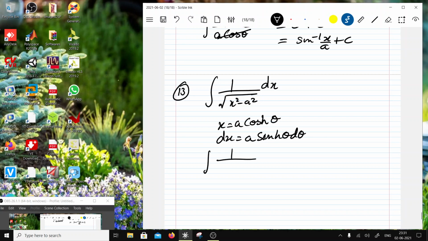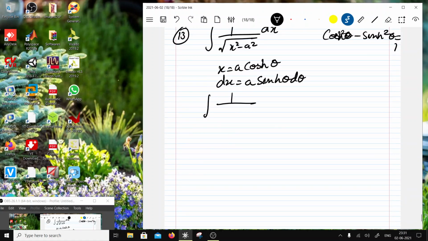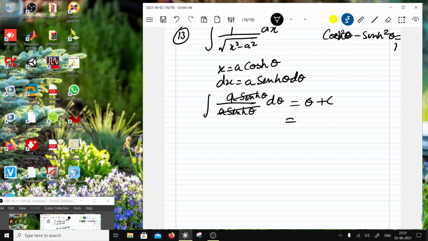So then what I have is, for cos hyperbolic, cos hyperbolic square theta minus sine hyperbolic square theta equal to 1. Right, so I have cos square minus 1, so that will be sine square. So it will be a sine hyperbolic theta, and this will be a sine hyperbolic theta d theta. So the answer would be theta plus c, which will be cos hyperbolic inverse of x by a plus c.